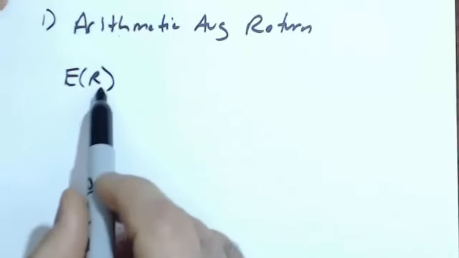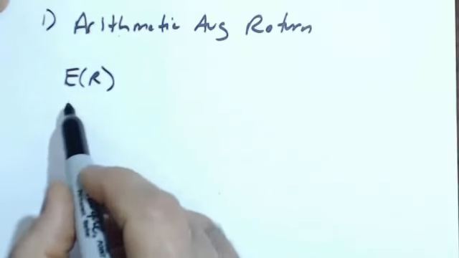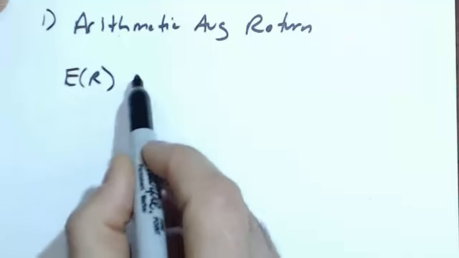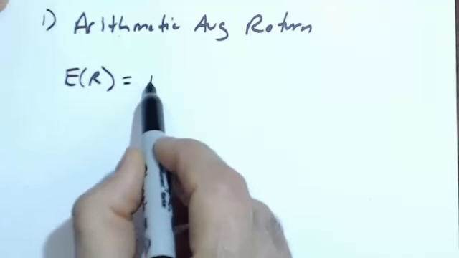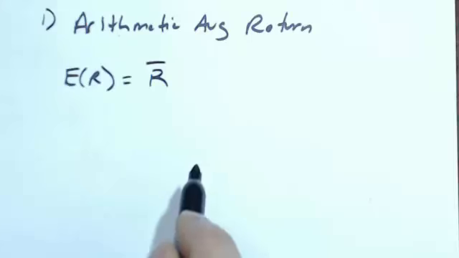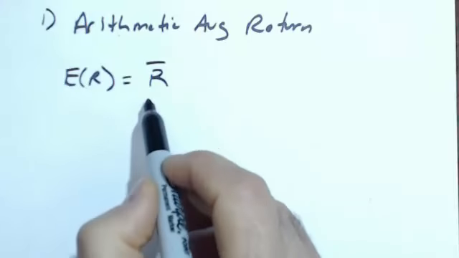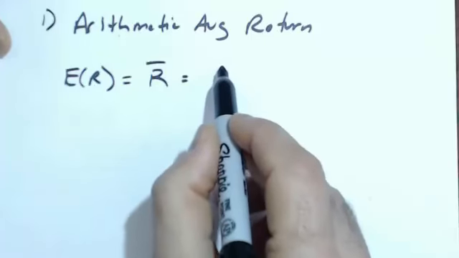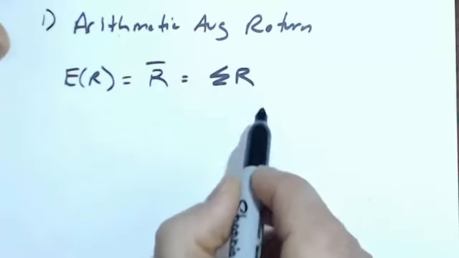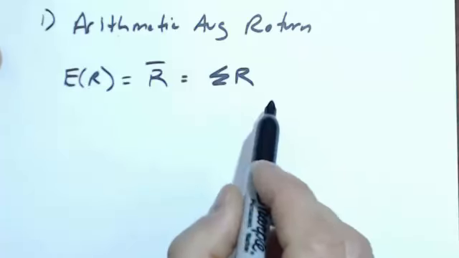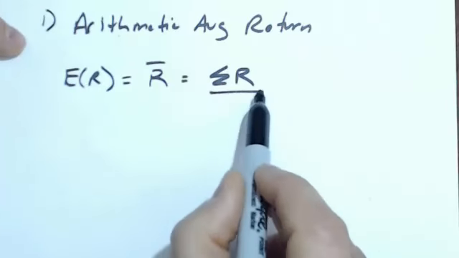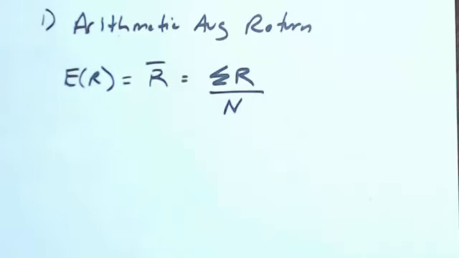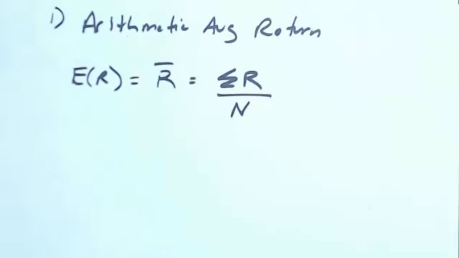It's an expected return, and we're going to label it expected return, and you can put an R bar over that, meaning an average, like you may have done in your statistics class. That's going to be the sum of the returns over time divided by n periods. And that's not too hard.